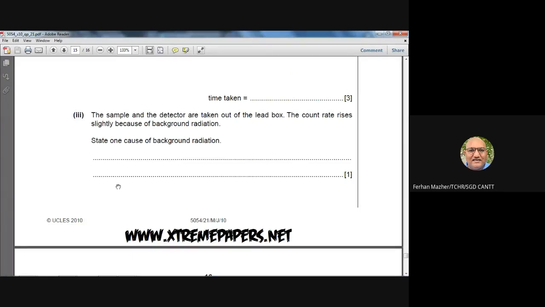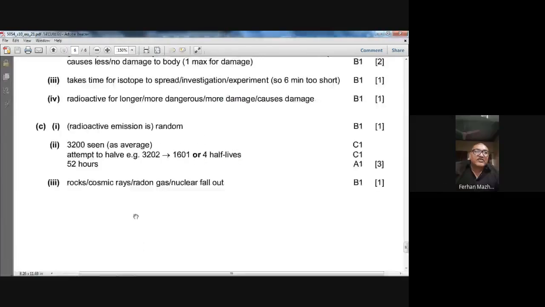There might be ores under the soil, or rocks which are radioactive. There might also be radioactive waste dumped in some area, but its radiation is coming. So there are many reasons for background radiation.